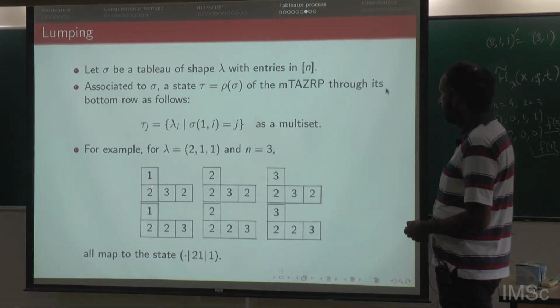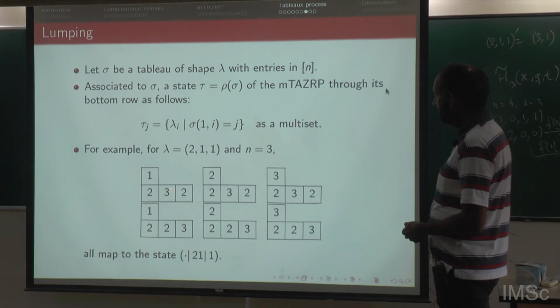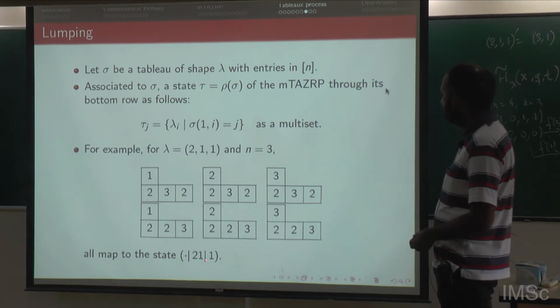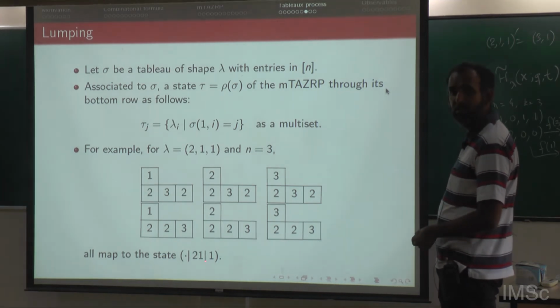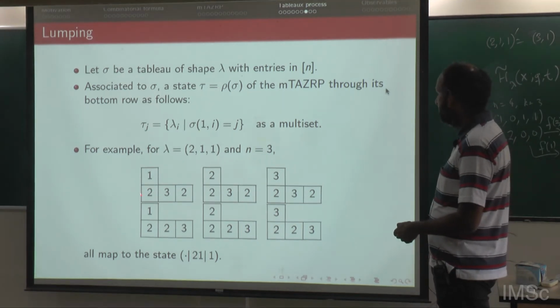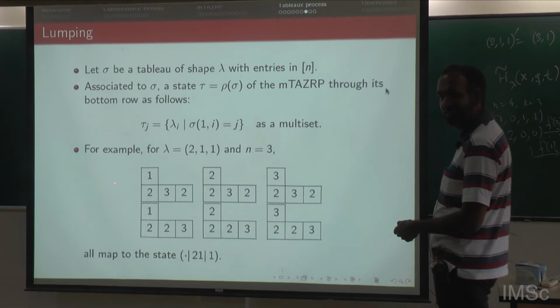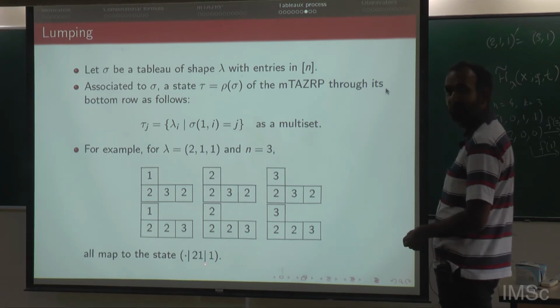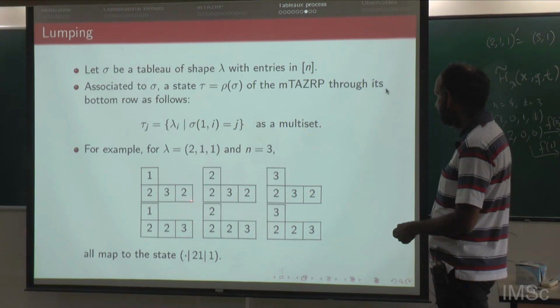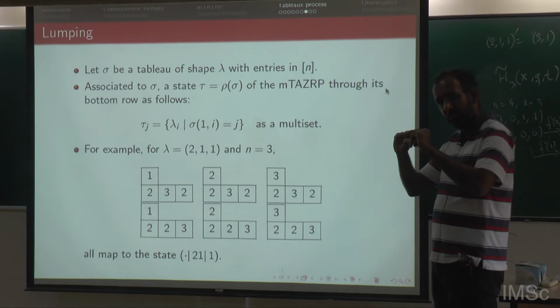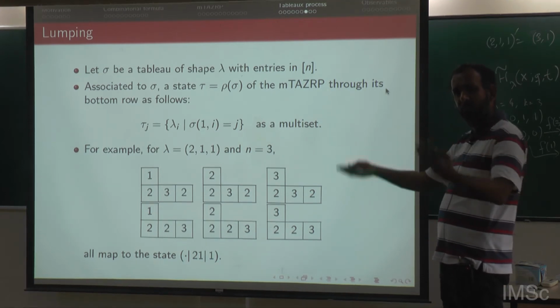In this example, there is a 3 at the bottom row of a column of height 1. That means there will be a 1 in position 3. There's a 2 at the bottom row of a column of height 2. There are too many 2s, but that means the 2 is going to be there. And ditto for this 2, so there will be a 1. So depending only on the content of the bottom row, we get a projection.